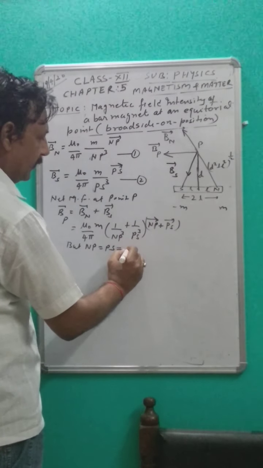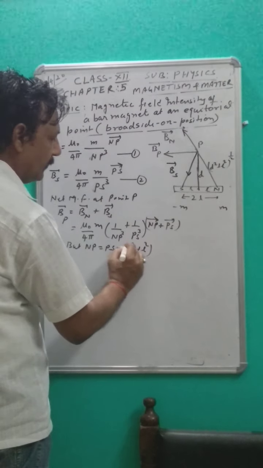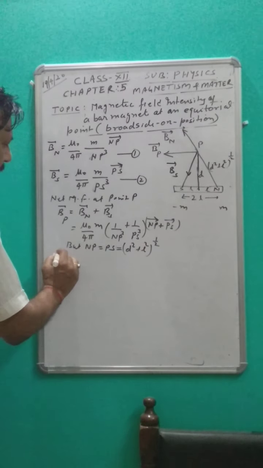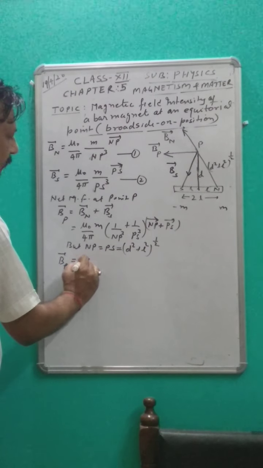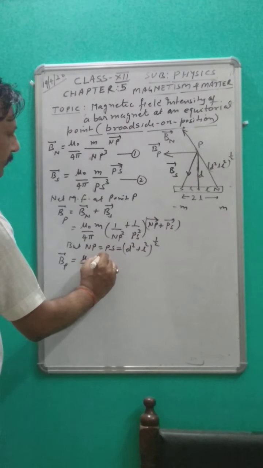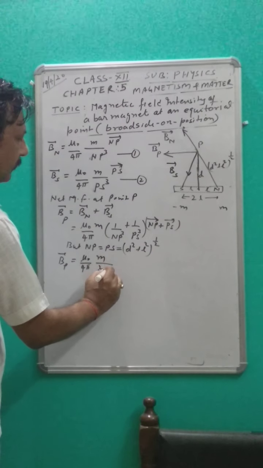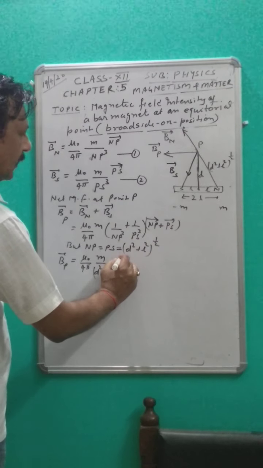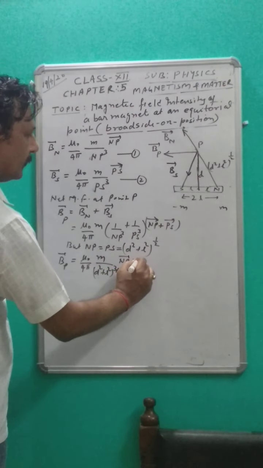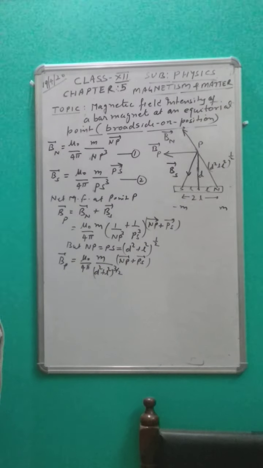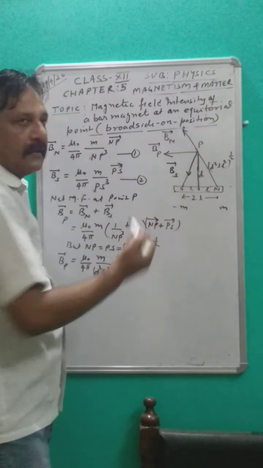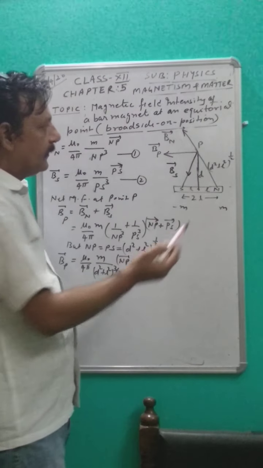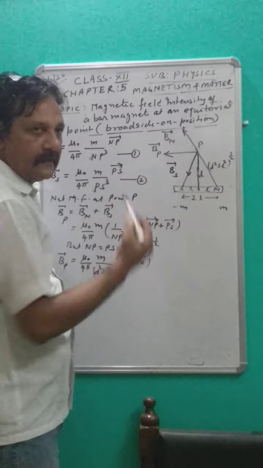So the magnetic field comes out to be Bp equal to mu naught upon 4 pi, m upon d square plus l square to the power 3 by 2, into NP plus PS. According to the triangular law of vector addition, NP plus PS is equal to NS.